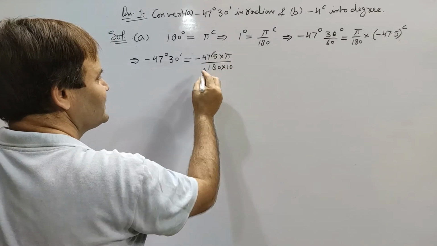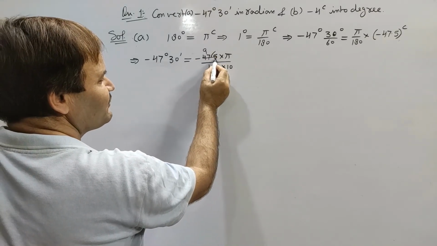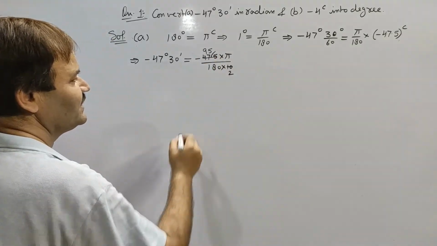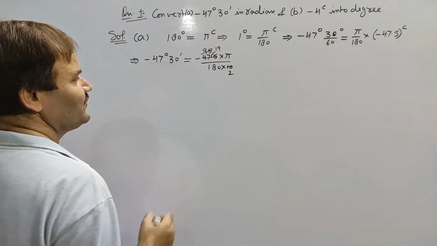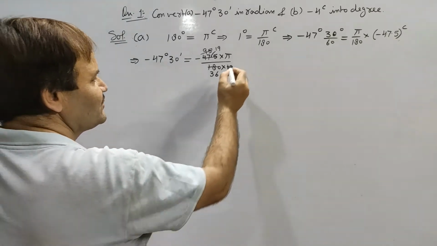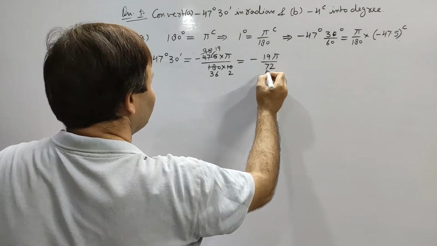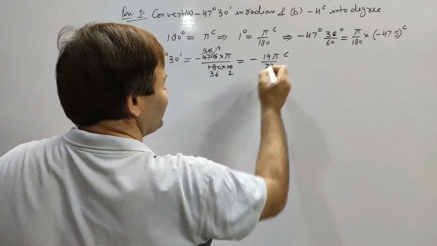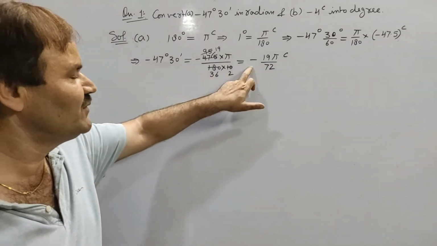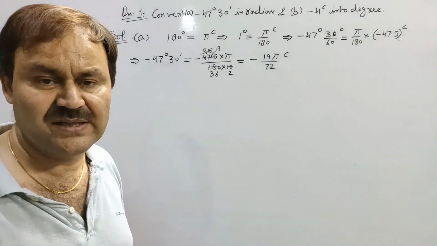Cancelling common factors, we get minus 19 pi by 72 radian. So minus 47 degree 30 minute will be equal to minus 19 by 72 pi radian.